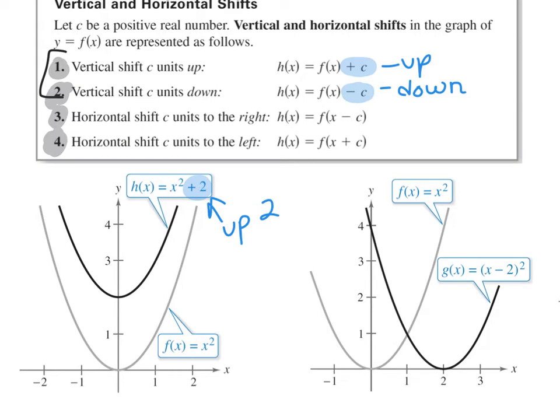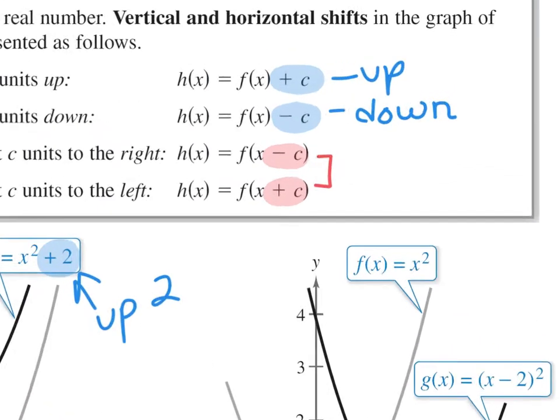And then your horizontal shift is when your c value is grouped with your x value. So notice how when we move, we have the minus c or the plus c inside the parentheses. When it's inside the parentheses, let's make a couple extra notes on this one.